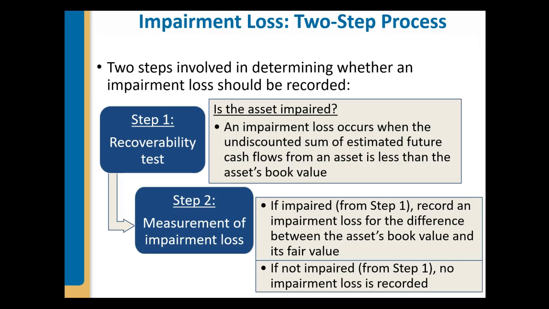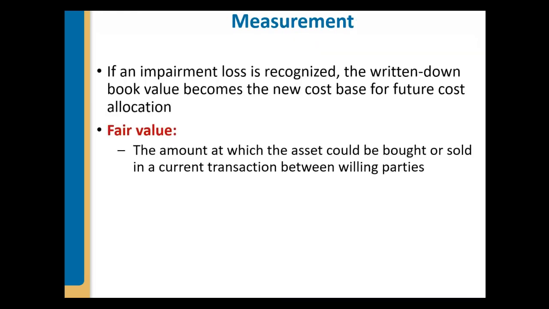Step 2 is the measurement of an impairment loss, which is the difference between the asset's book value and the asset's fair value. If an impairment loss is recognized, the written-down book value becomes the new cost base for future cost allocation. Later recovery of an impairment loss is prohibited.